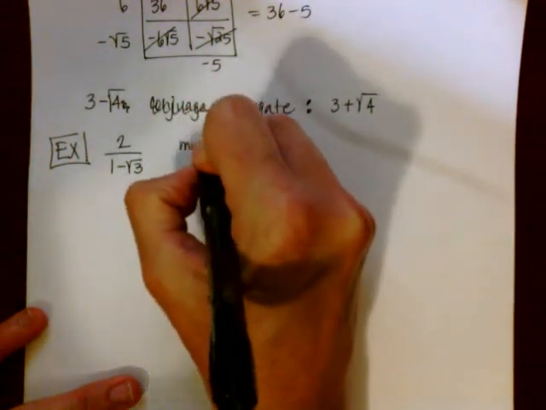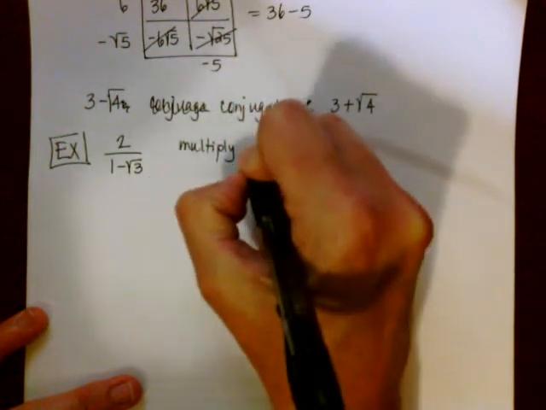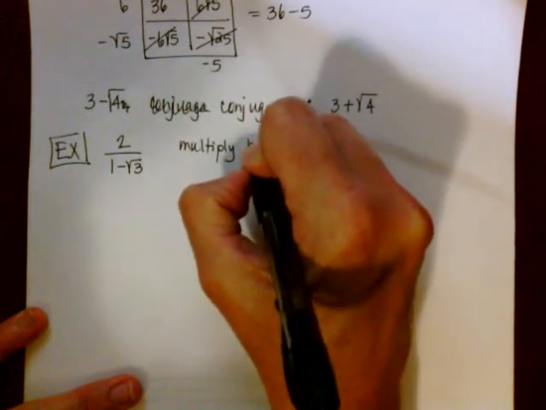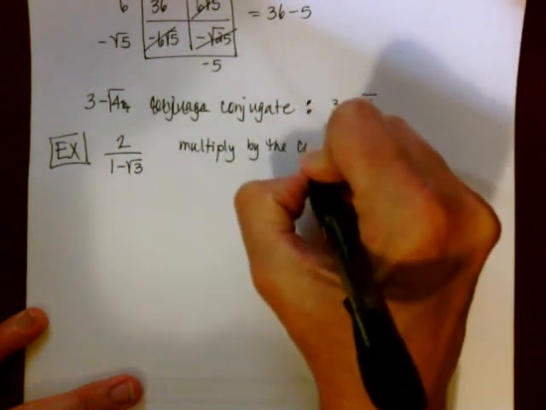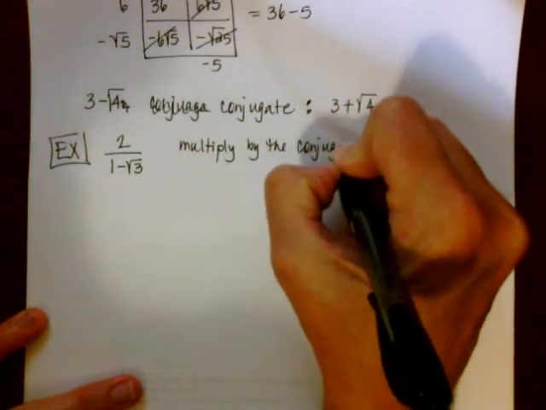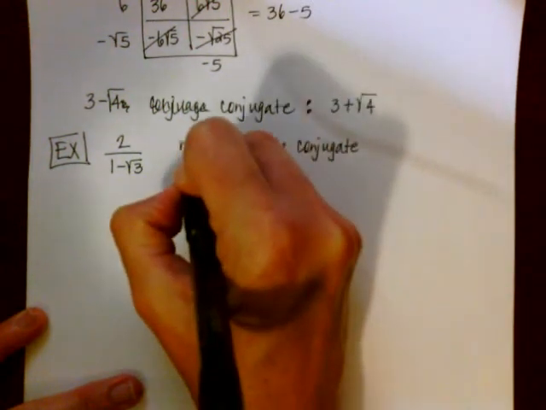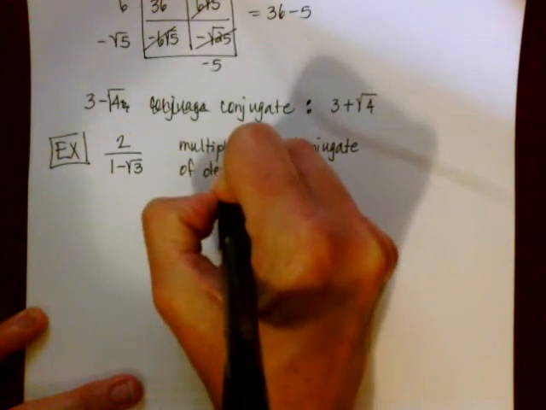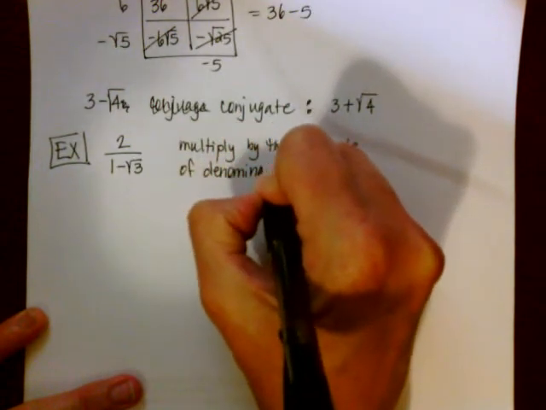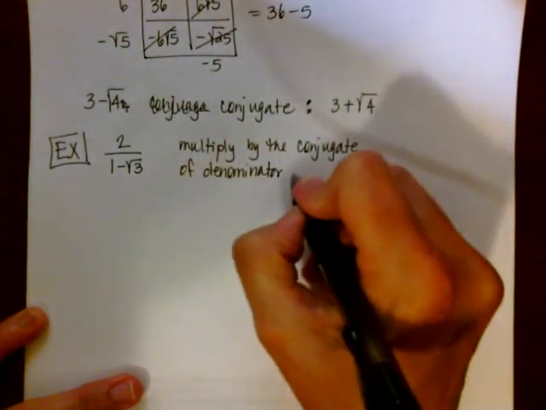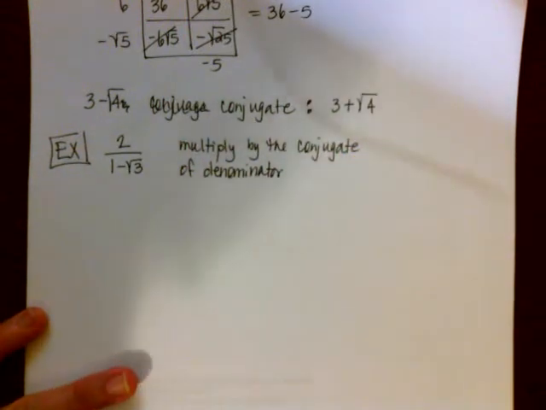So in this type of situation, you solve by multiplying by the conjugate of the denominator. And you multiply it by the top and the bottom.